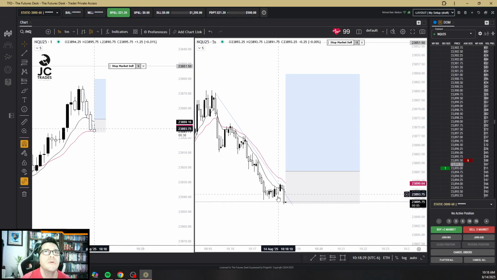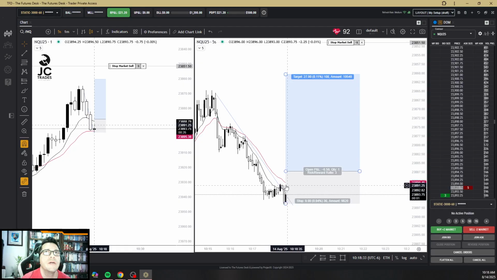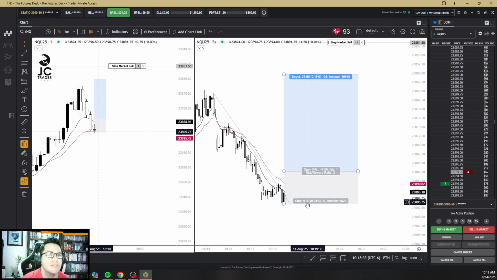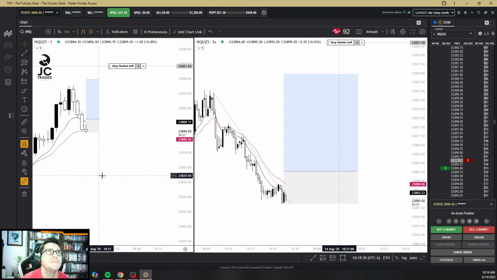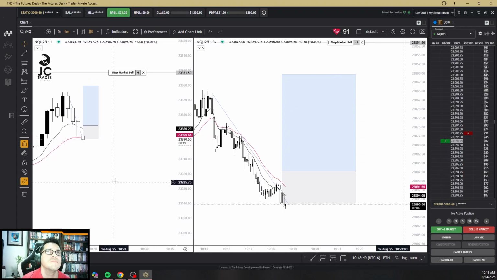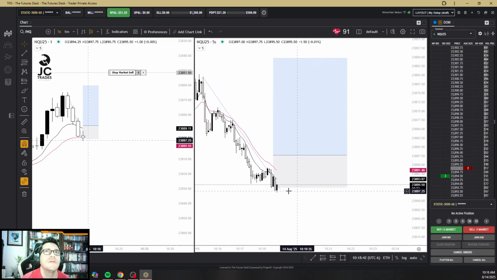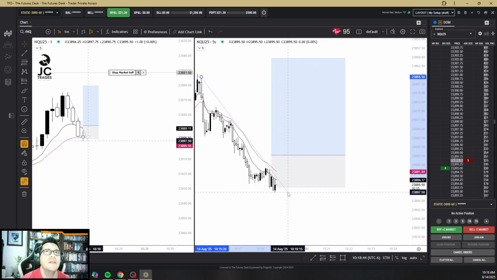So at this point we were building a double MB, but we are still below the EMAs. So let's adjust the containment line at this point here.